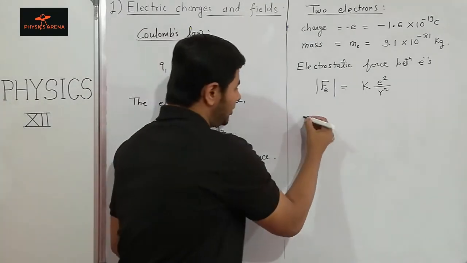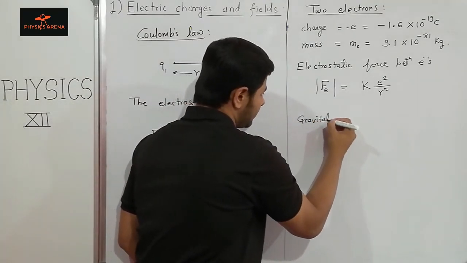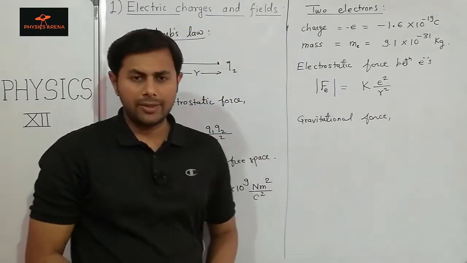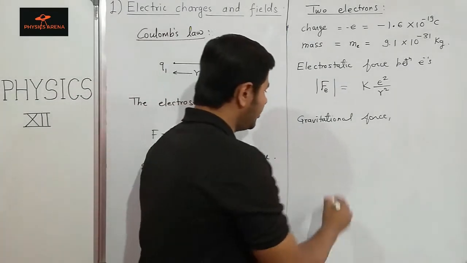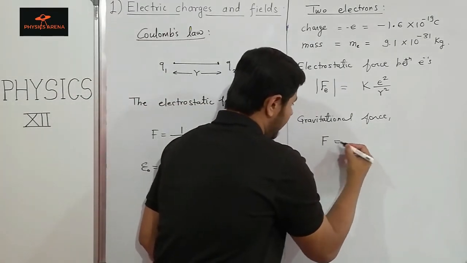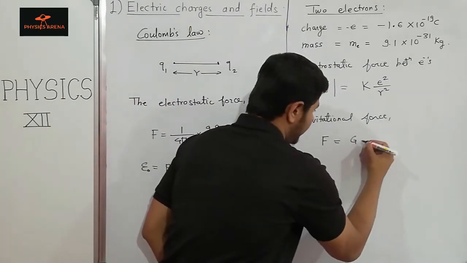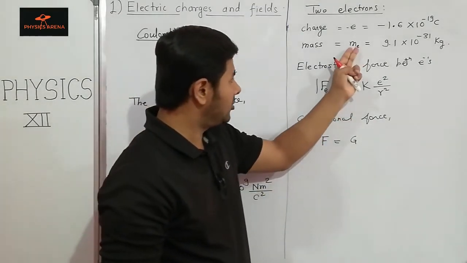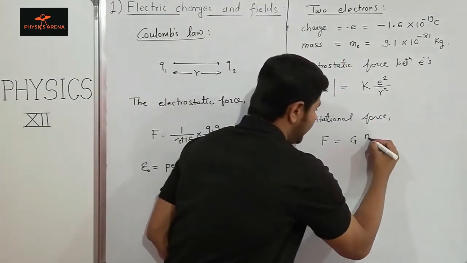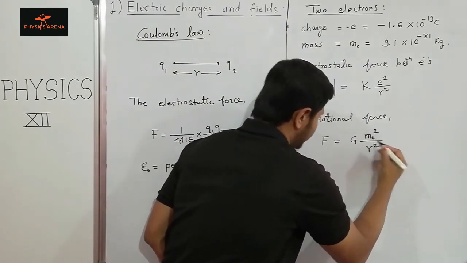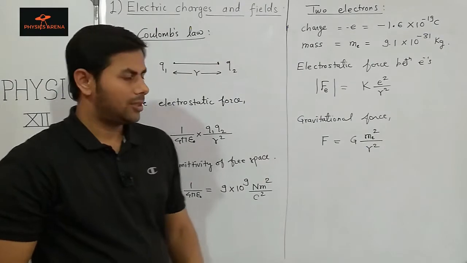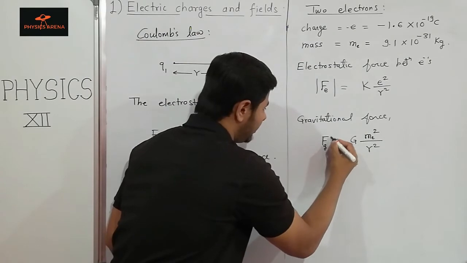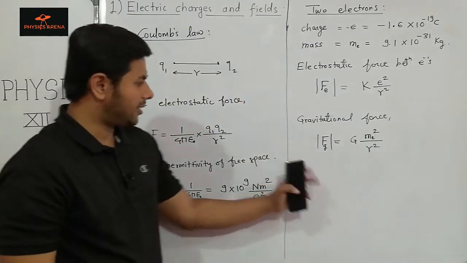And the gravitational force is given by Newton's law of gravity, and we know that the gravitational force is G into m1 times m2 divided by R squared. Here m1 is equal to m2 and it is me. So I can write me squared upon R squared. This is gravitational force between the two electrons. Let us put this suffix G here, and let's take magnitude only.